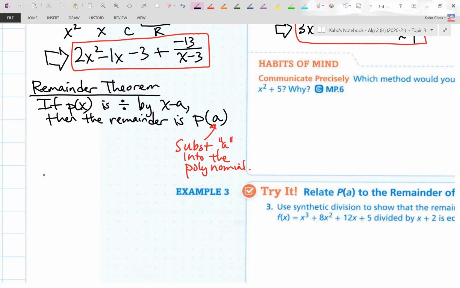The factor theorem's next. We'll do something with the remainder theorem in a moment, don't worry.